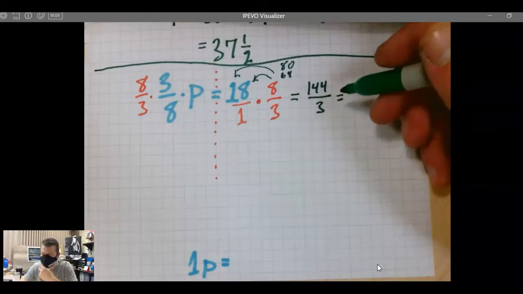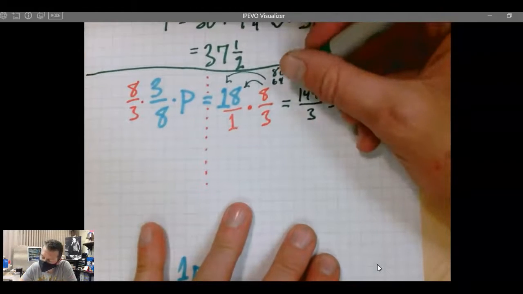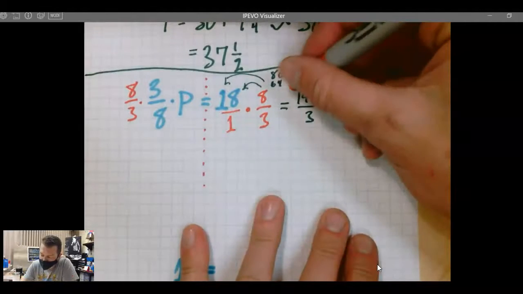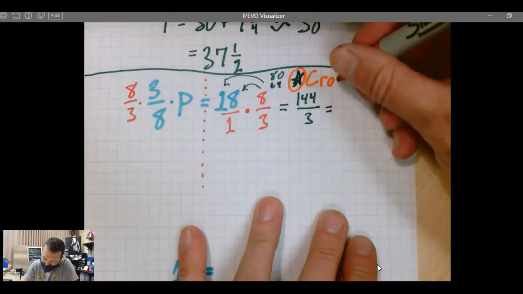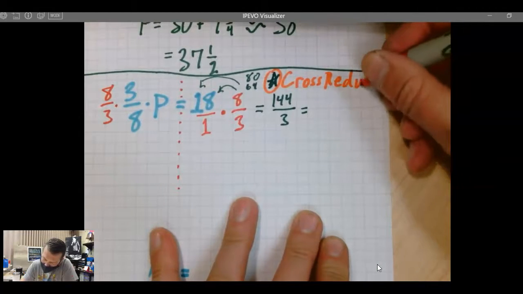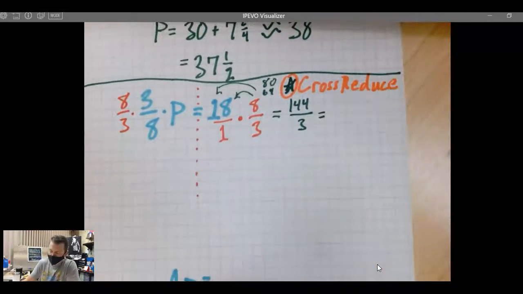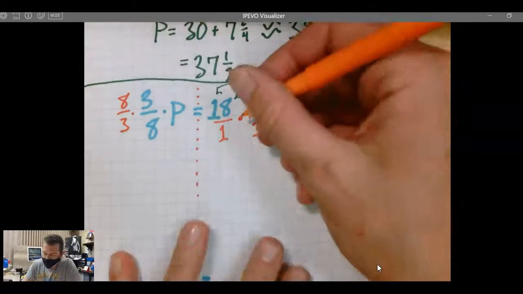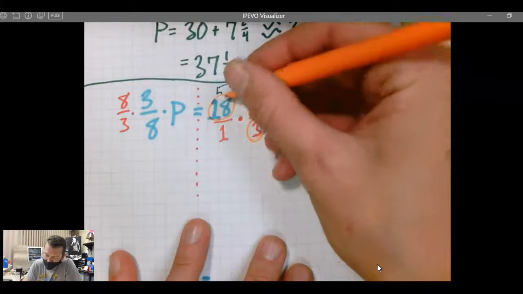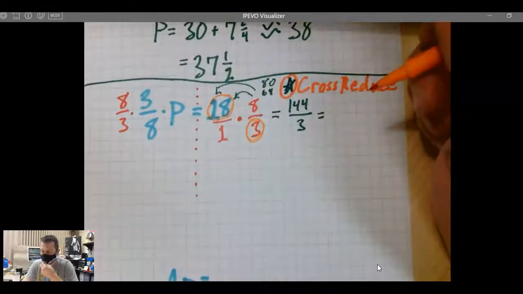Here is another strategy. Now you should pick up your pencil and write this. Actually, I'm going to probably change colors. We can do what's called cross-reduce. Cross-reducing is when we divide the numerator and denominator by the same value.